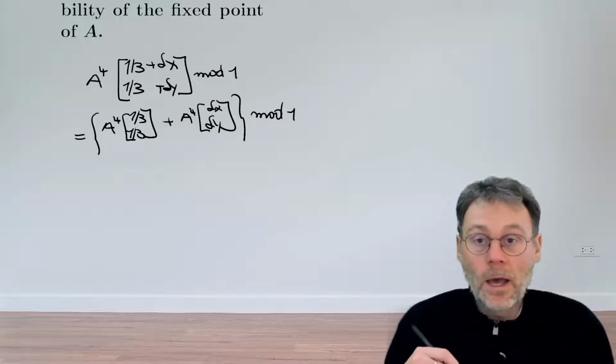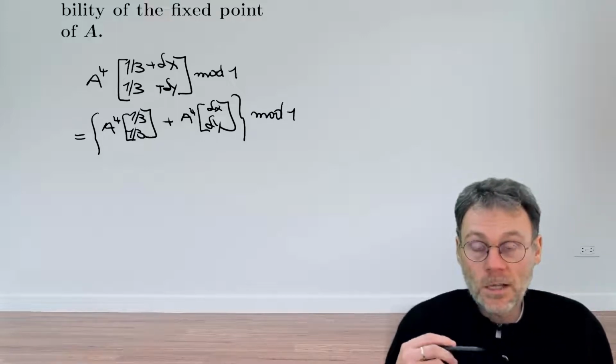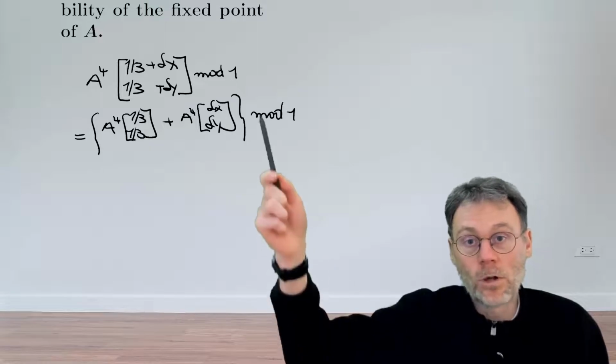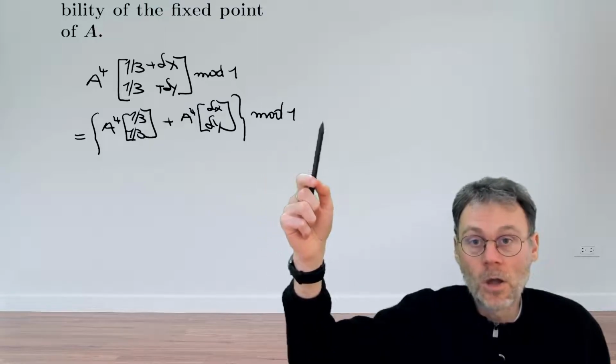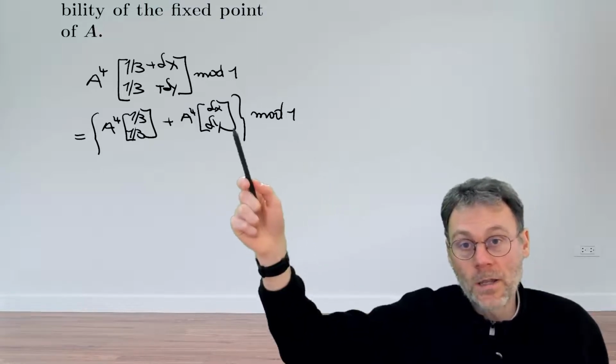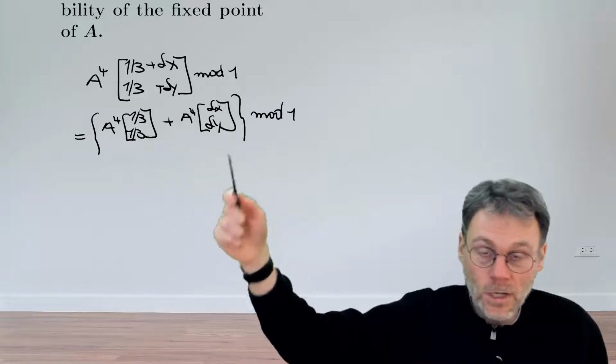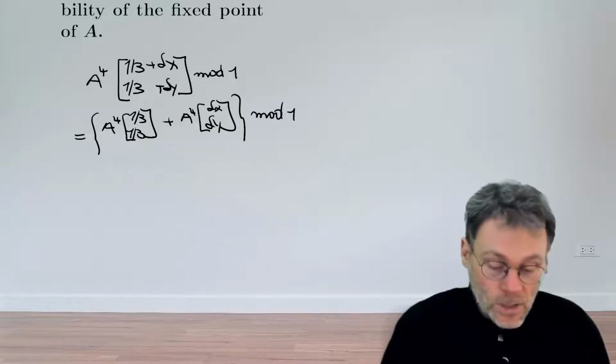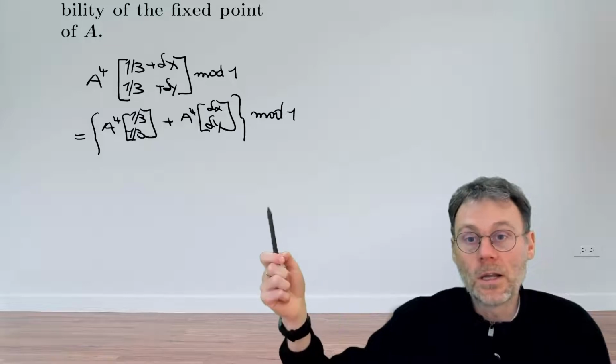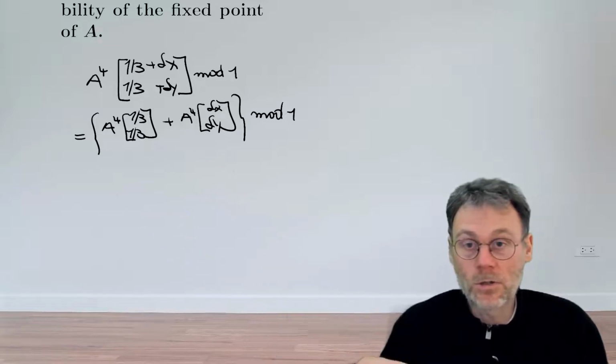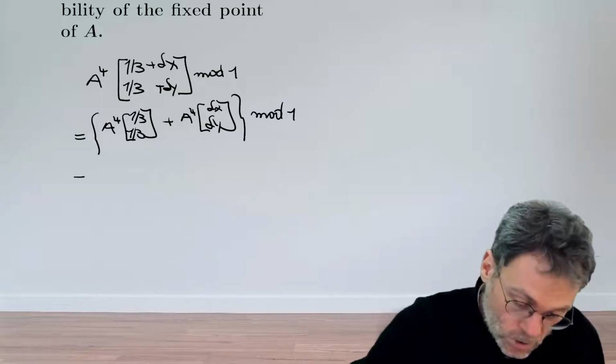Okay, and we also know from the previous exercise that either we have the mod 1 operation at the very end, or we can also bring in extra mod 1 operations for the intermediate calculations. That doesn't really make any difference, because we're dealing here with linear operations, just summations and multiplications by a constant.